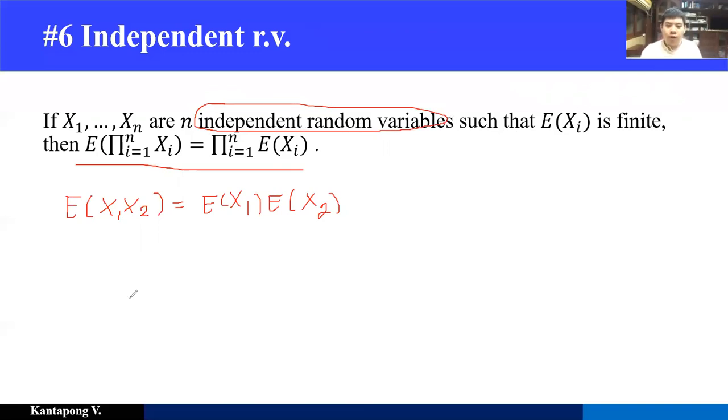So how do we prove it? From the left hand side first: the double integral of x1 x2 f(x1, x2) dx1 dx2, straight from the definition.